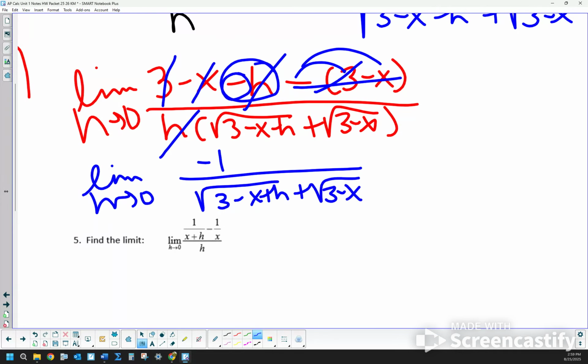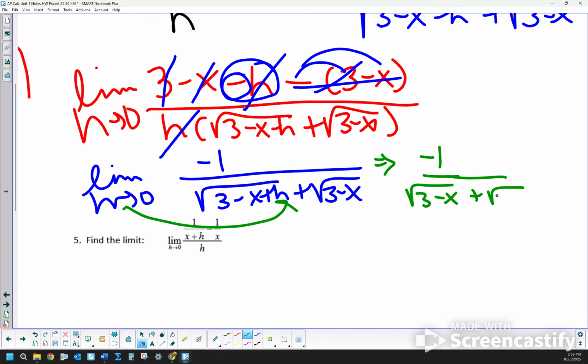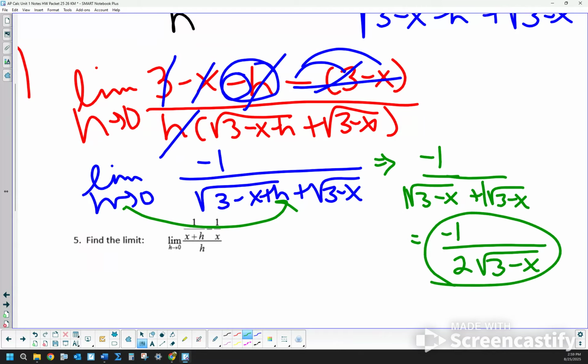And then now this is your substitution. h approaches 0, so I'm going to substitute that in here. And then again, I'm just not writing it vertically, but this is going to be negative 1 over the square root of 3 minus x plus the square root of 3 minus x. And so this actually has a 1 here and a 1 here. So this becomes, and I'm writing it vertically now, 2 square root of 3 minus x.